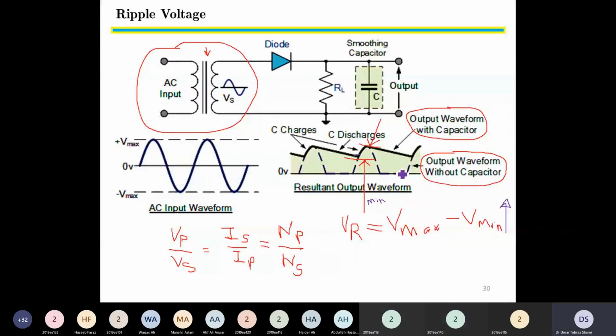When we increase the minimum voltage, then according to this formula, the ripple voltage will now be decreased. Because without capacitor, the minimum voltage was 0. With capacitor, the minimum voltage acquires a certain value. Thus, the ripple voltage is now decreased.